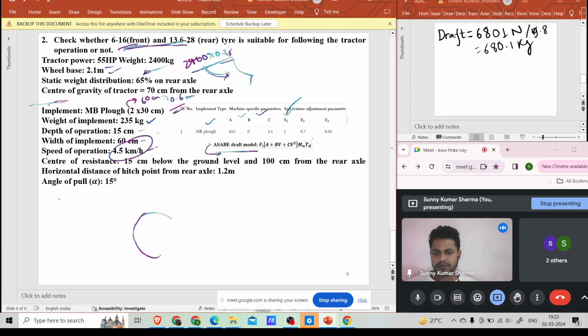Suppose this is a tractor. This is the ground reaction from the front wheel, and this is from the rear wheel: R1, R2.